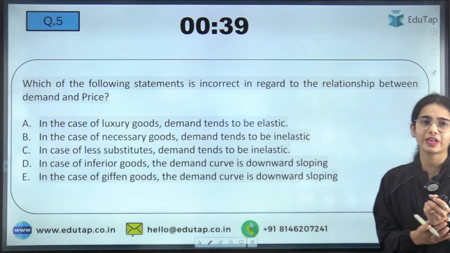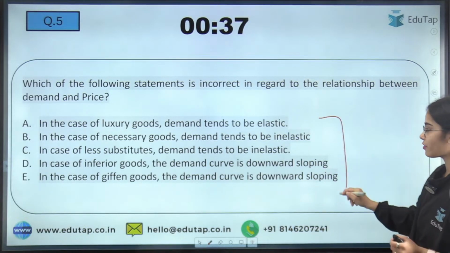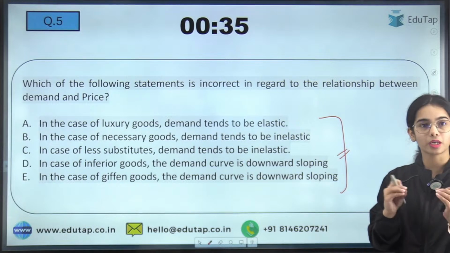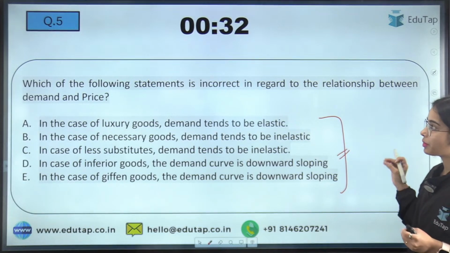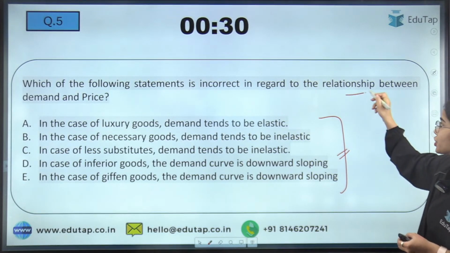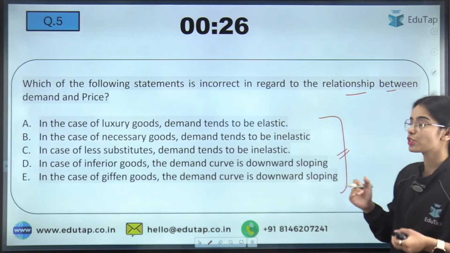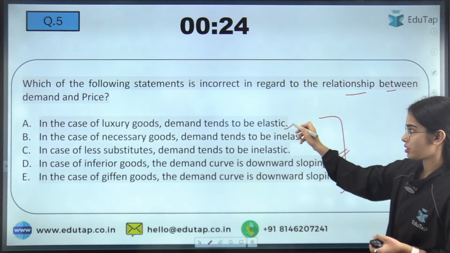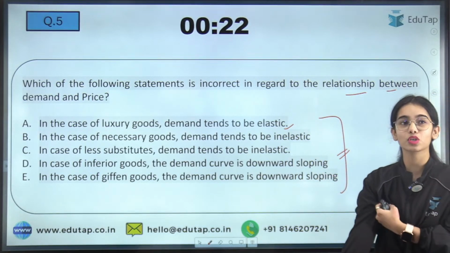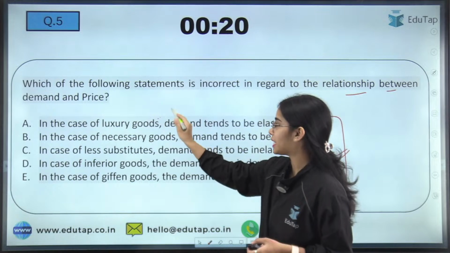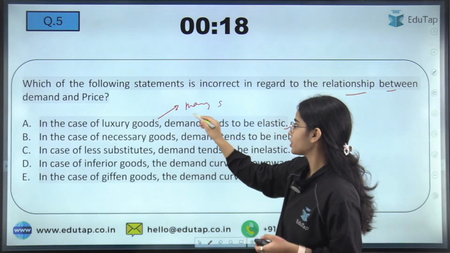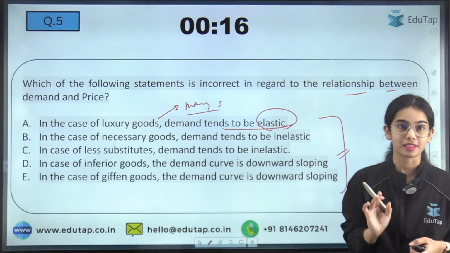Coming to the next question, a very easy question if you have the basic idea of the terminologies. Which of the following statements is incorrect in regard to the relationship between demand and price? In case of luxury goods, the demand tends to be elastic, or not. This seems correct: in case of luxury goods and in case of many substitutes, demand tends to be elastic, right?